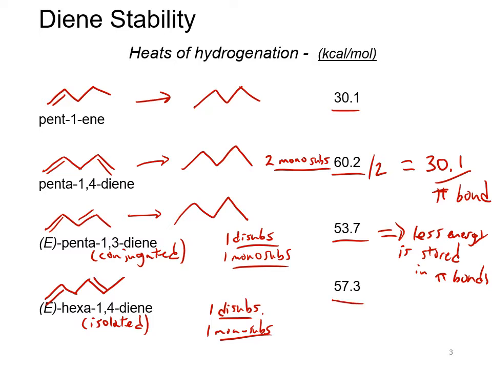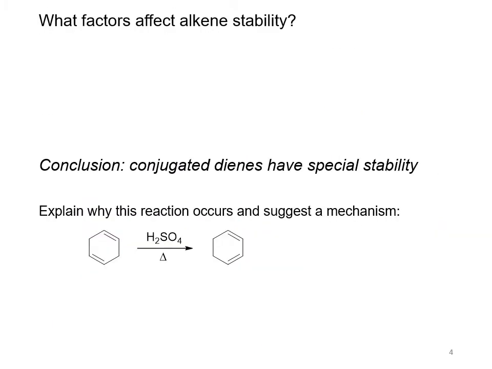We see that we get more energy than in the conjugated diene. So this is less stable than the conjugated diene, and it's not just a matter of substitution. So there's something interesting going on here with conjugated dienes in terms of stability. So let's look at this more.